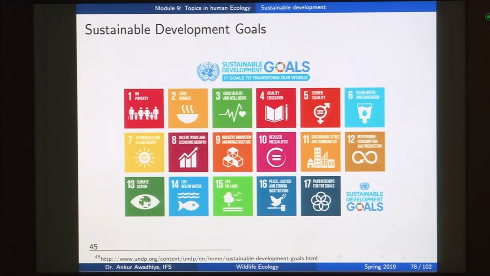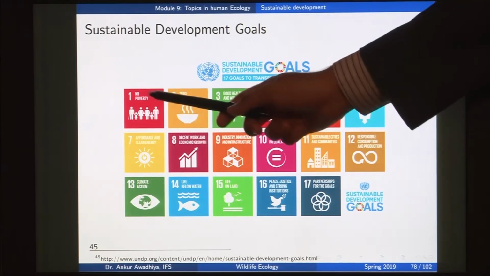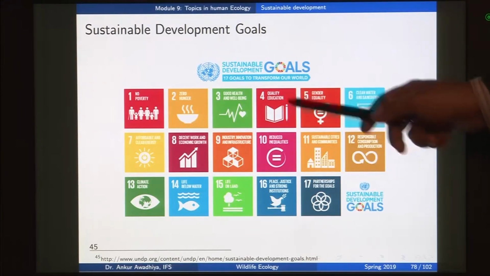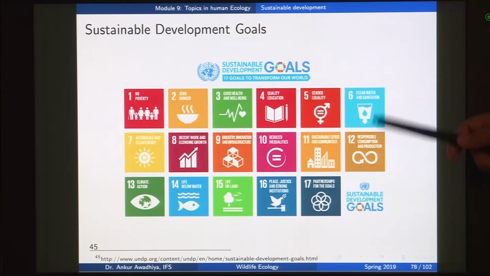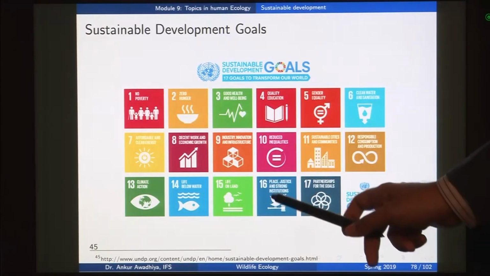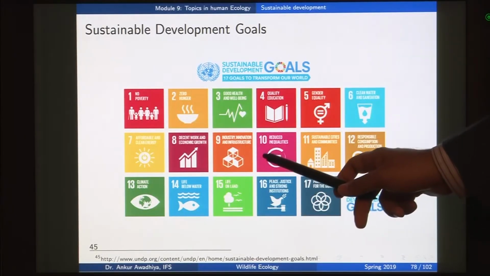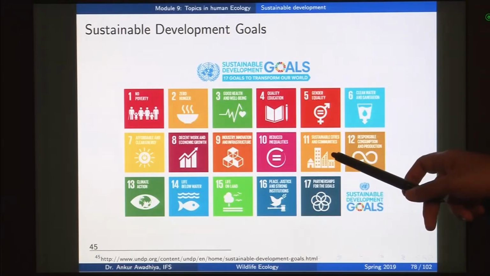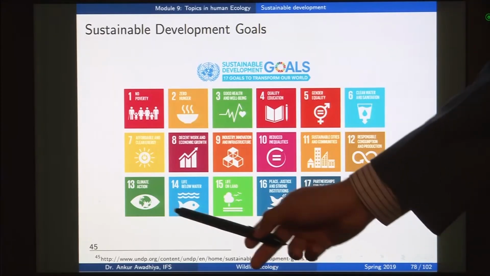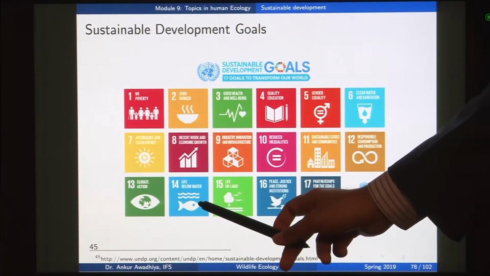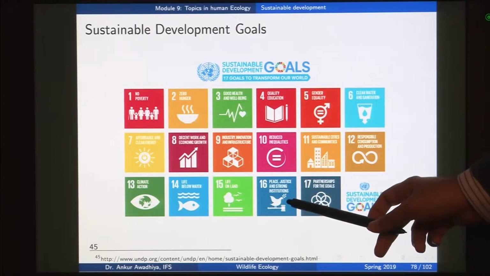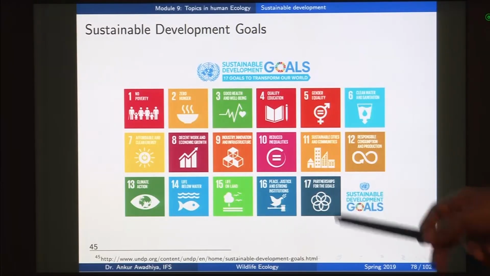So, these are goals such as: no poverty, zero hunger, good health and well-being, quality education, gender equality, clean water and sanitation, affordable and clean energy, decent work and economic growth, industry, innovation and infrastructure, reduced inequalities, sustainable cities and communities, responsible consumption and production, climate action, life below water, life on land, peace, justice and strong institutions, and partnerships for all these goals.